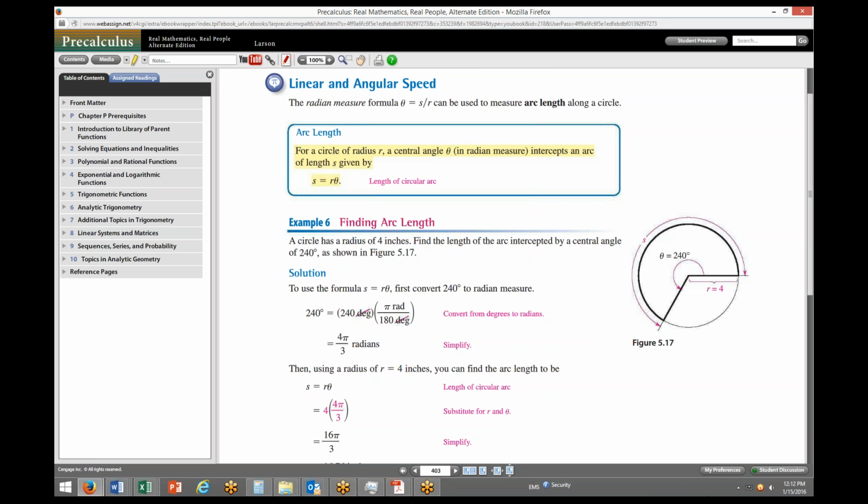So we take the 240 degrees and multiply it times pi over 180. Then 240 over 180 reduces to 4 over 3. So it turns out a 240-degree angle is, in radians, 4 pi over 3.